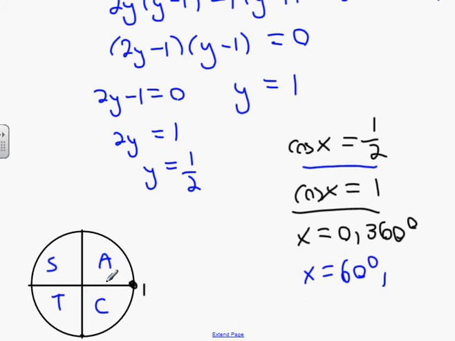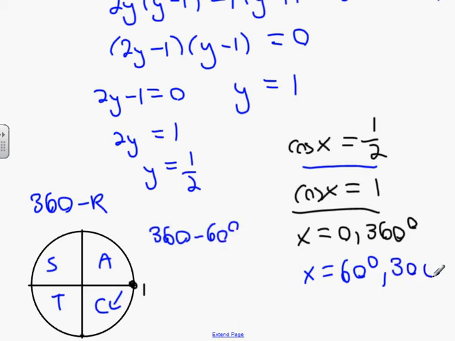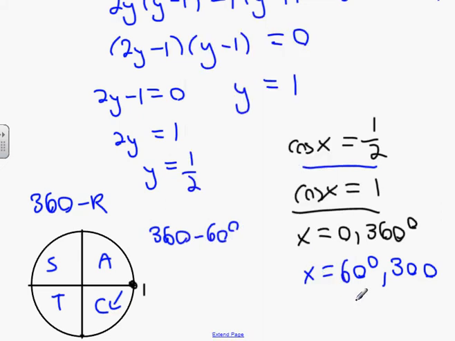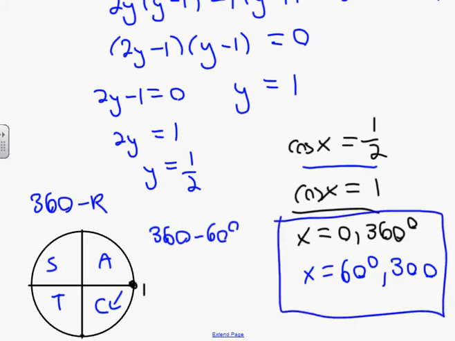Now remember, cos is also positive in the fourth quadrant, and the rule for the fourth quadrant is 360 minus your reference number, which is 360 minus 60, which gives me 300. You can check that yourself: cos 300 equals a half. There you go. And that question is done, with four answers.